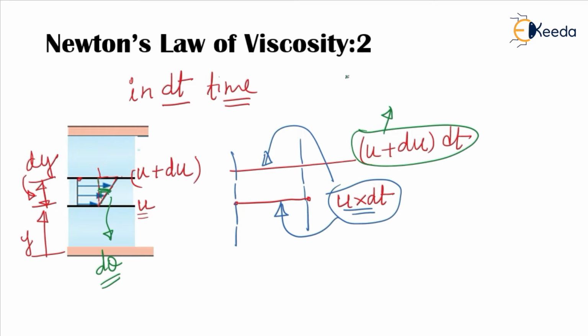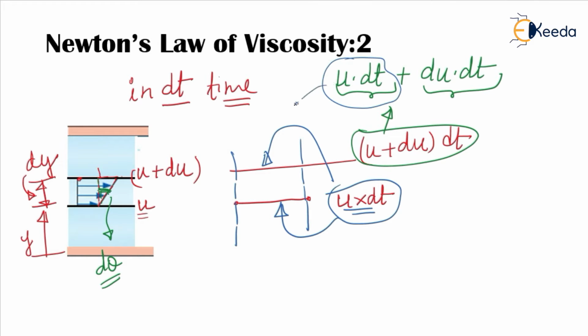This term can be written as u dt plus du into dt. Remember, this is the first step and this is the second step. Now we will club them. This u dt part is nothing but this part, same u dt, and this du dt part is this part.